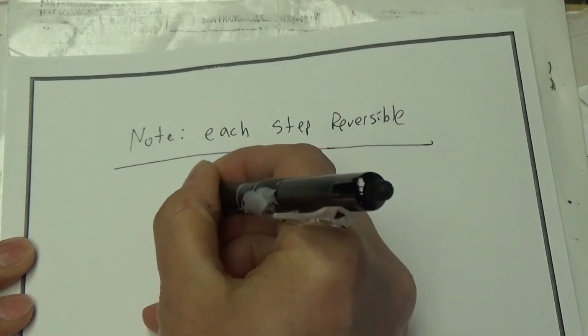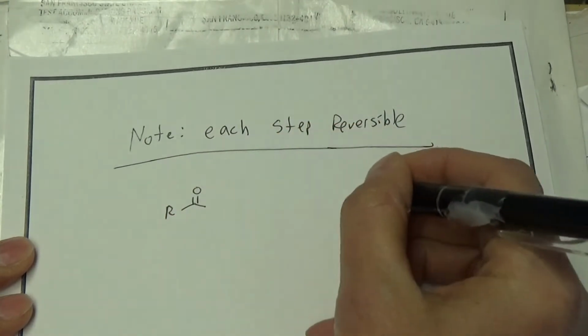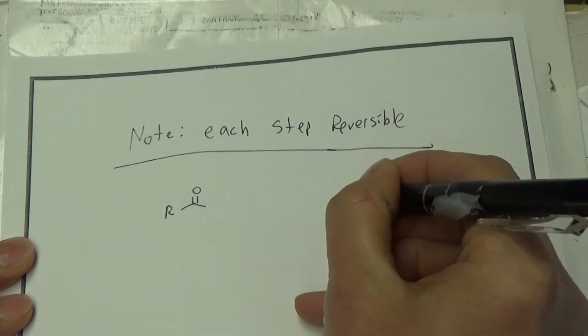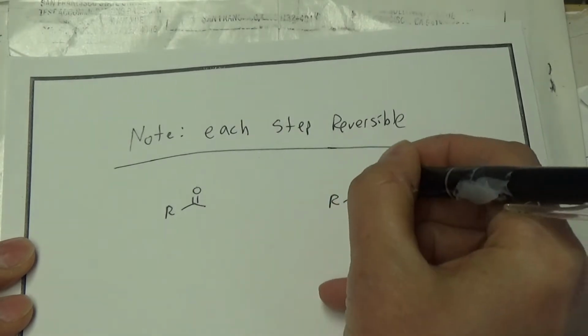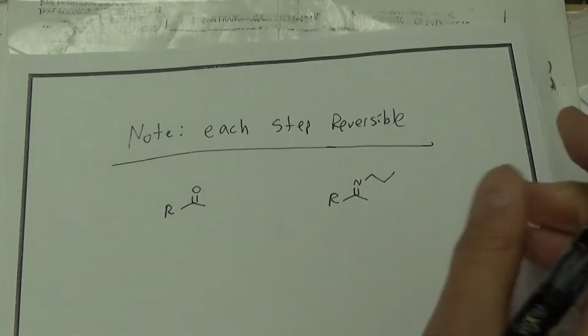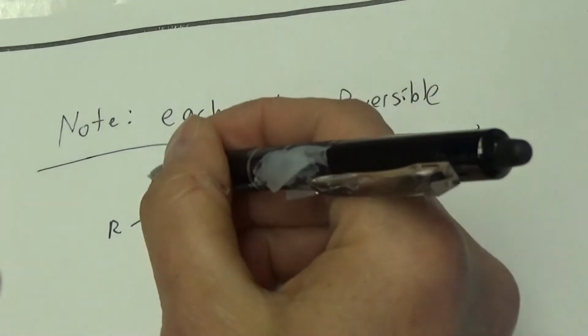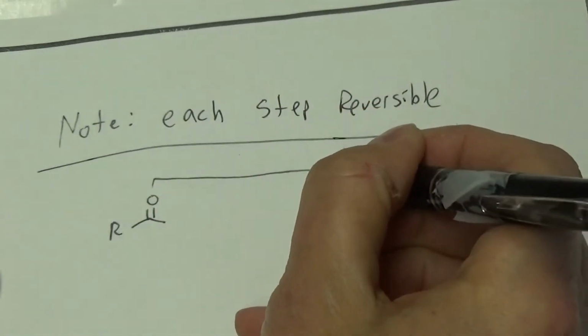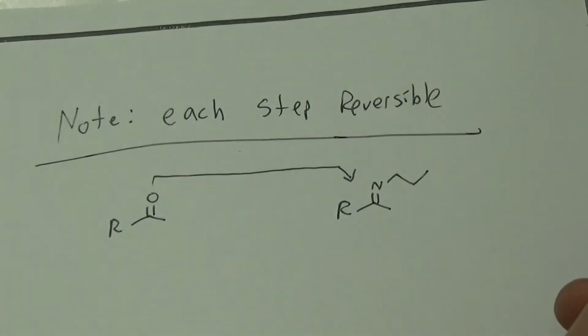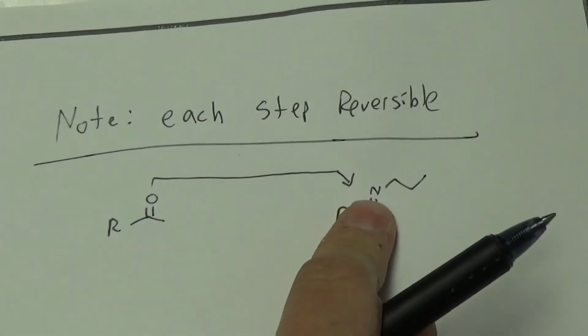So if I have a ketone and I want to make the amine, we'll say, propyl amine or whatever, how do I do that? What are the reagents to do that? Well, it's the amine, right?